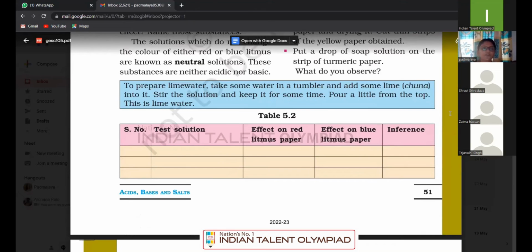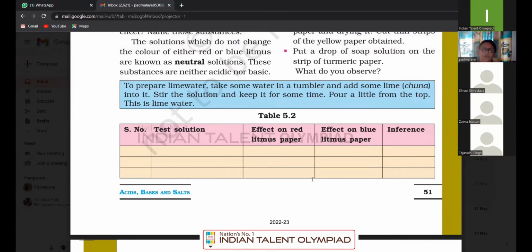Next, see the effect of the test with different solutions. You can take different solutions and use litmus papers. If you have litmus papers in your school, you can do this. This activity table is for you only. I think you all are following the NCERT textbook, right?